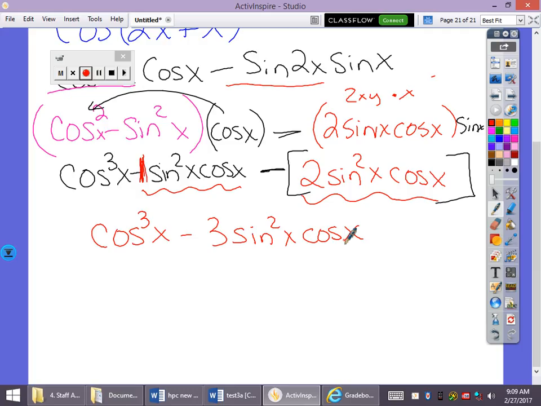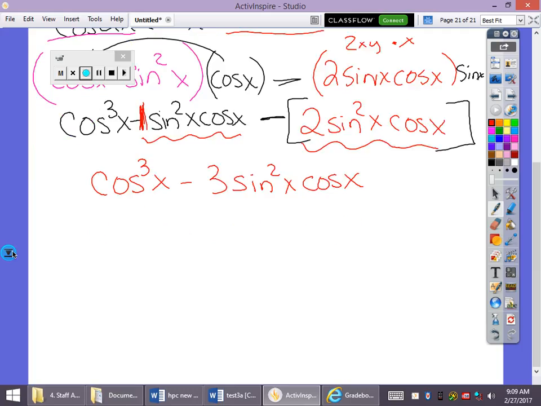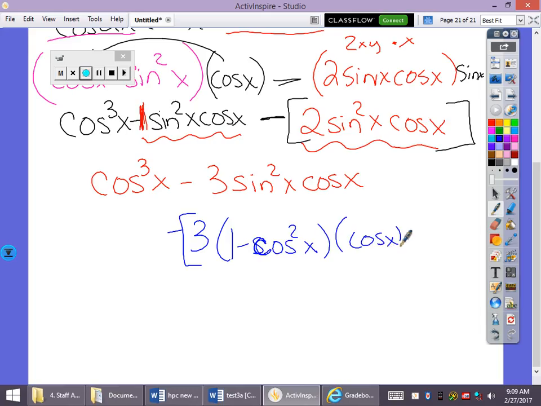Now I'm in trouble. Why am I in trouble? I have different trig. Can I rewrite this sine? Yeah, what can I replace it with? Okay, so 3 times 1 minus cosine squared, okay, times cosine x.